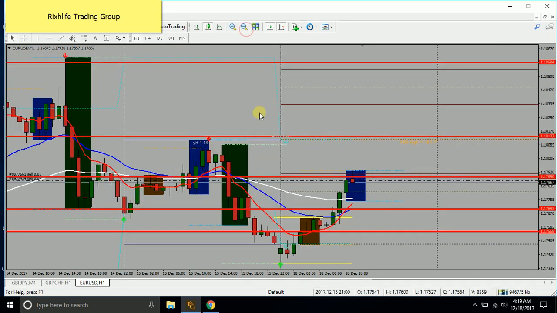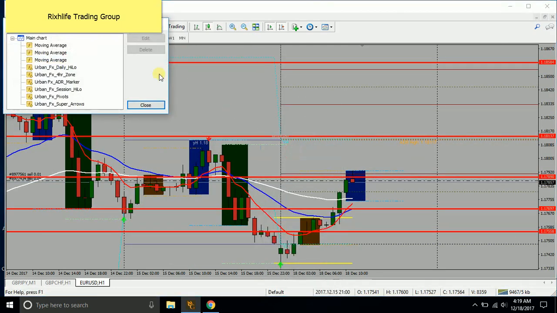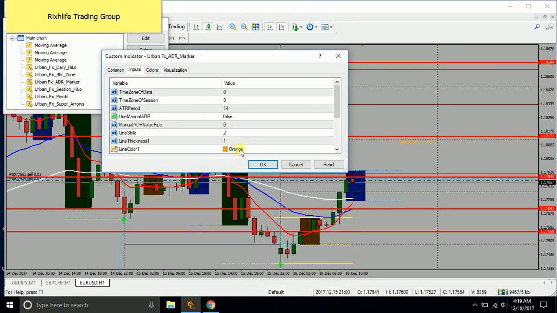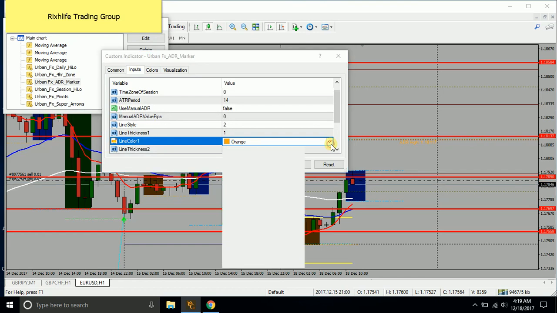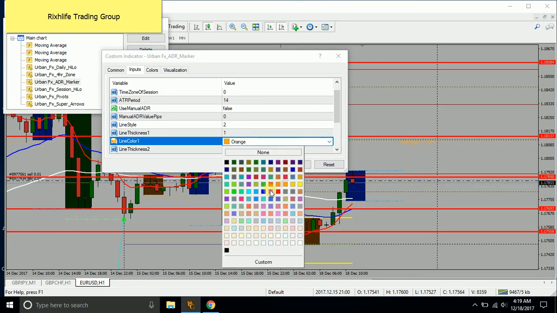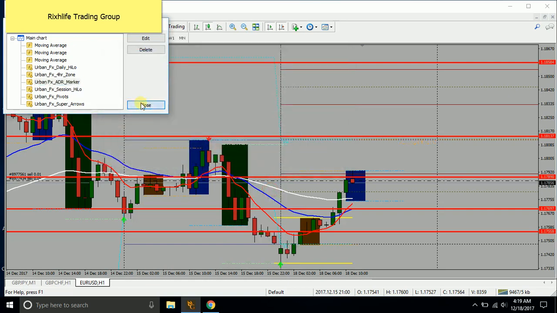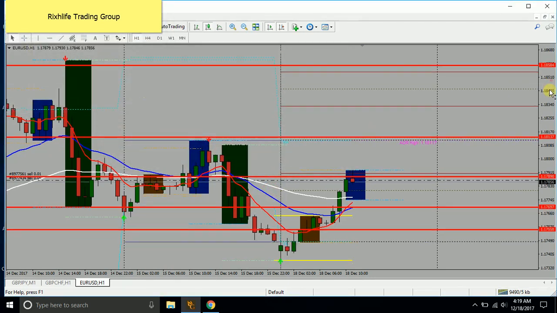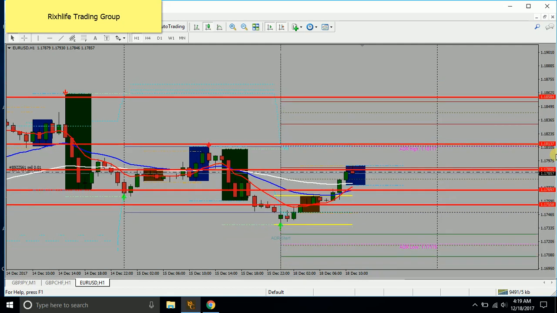Now, based on the ADR prediction with this ADR indicator, it's got my prediction that my target low for the day is here.